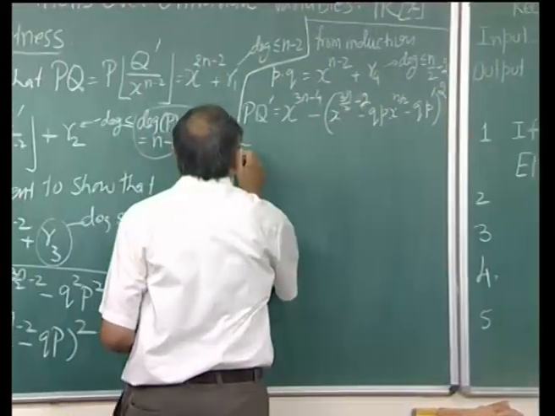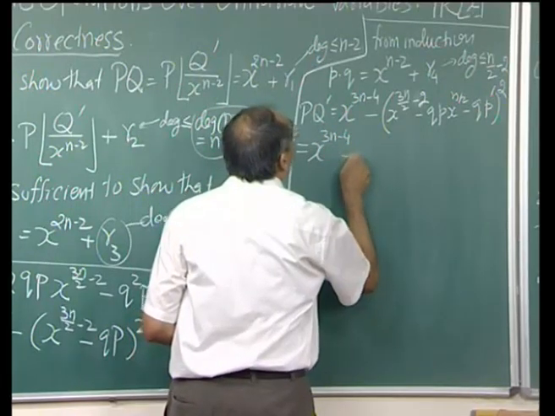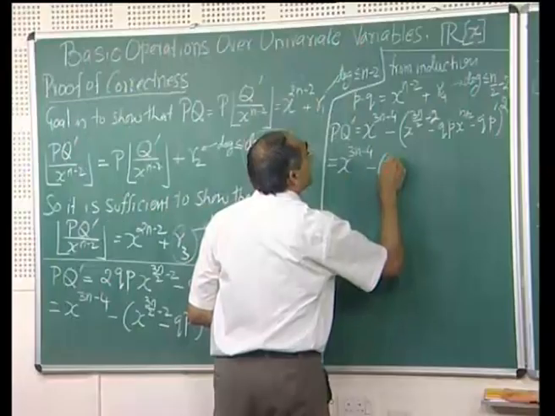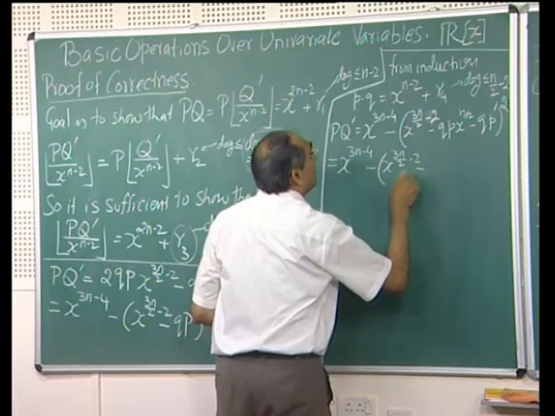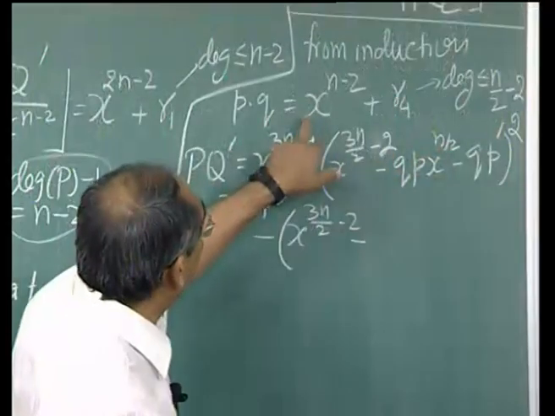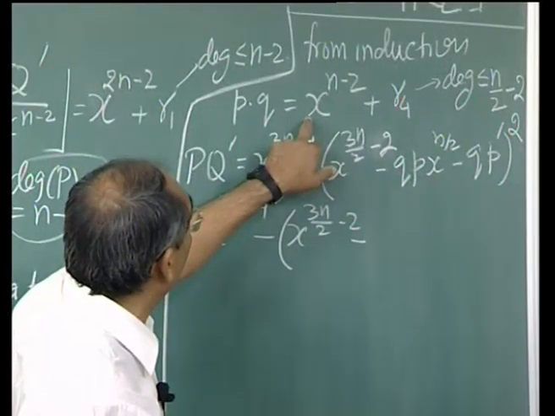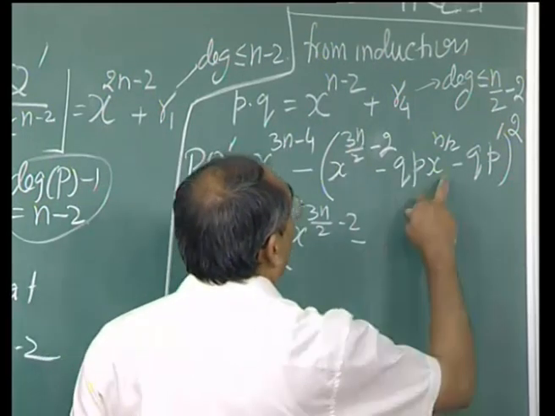We are getting x^(3n minus 4) minus x^(n by 2 minus 2) times QP, where QP is x to the power n minus 2 plus this term. So, we have n by 2.